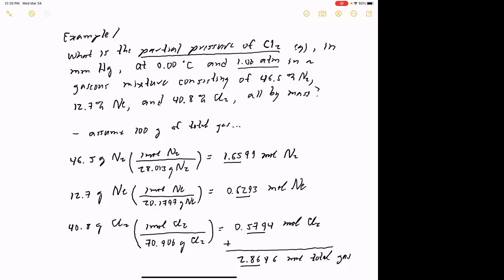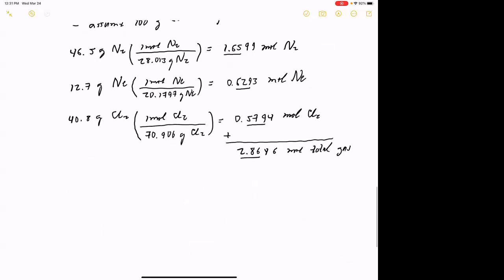All right, so that being said, do I need to worry about volume? No, it doesn't say anything about volume in here, so I'm going to assume that volume is constant, right? Do I need to worry about temperature? No, I don't, because temperature is also held constant here. So really, what am I trying to relate? I'm trying to relate pressures to number of moles of gas at constant temperature and volume. What law does that for me?